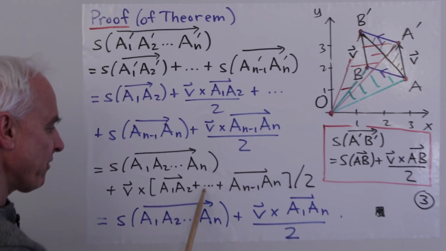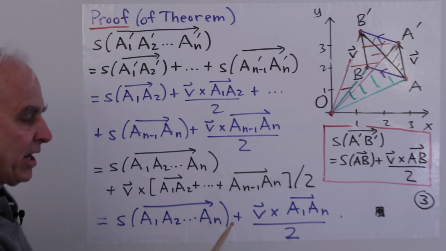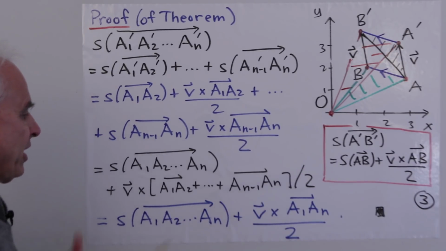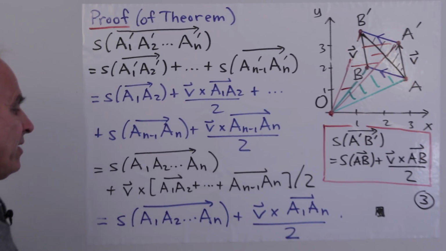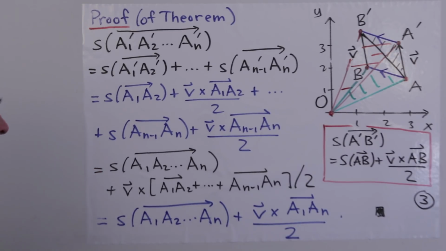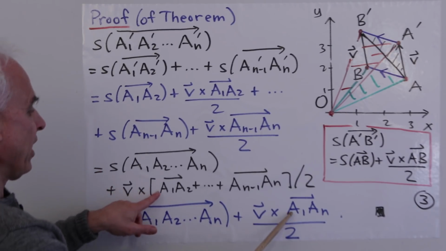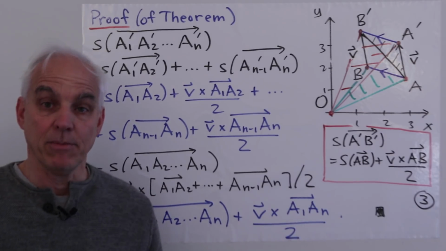And then this is a sum of vectors. The vector A1 A2, plus the vector A2 A3, all the way up to this vector here, they combine to just give the vector A1 AN. So altogether we get the original spline signed area plus V cross A1 AN all over 2. And that's the statement of the theorem.